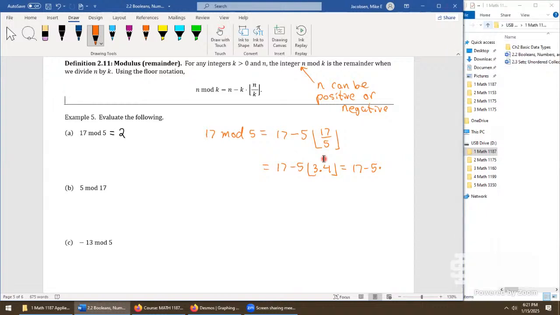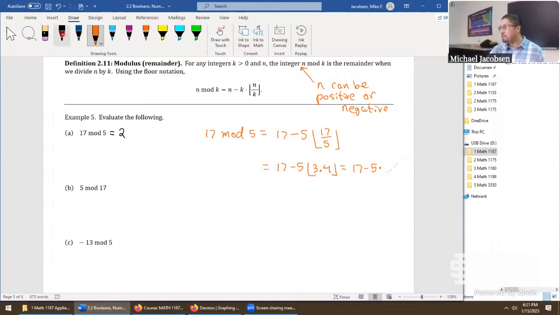Yep, good call. Thanks, Mike. So this will come out as 3. That means we have 17 minus 15, and we get a value of 2. What people would expect here, if you divide 17 by 5, we expect a 2, and it is truly the remainder. It's kind of neat to see that this formula just works just fine if you decide to go that route. How about for this one?